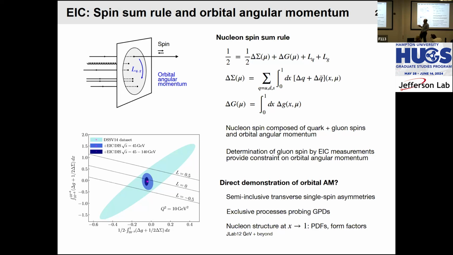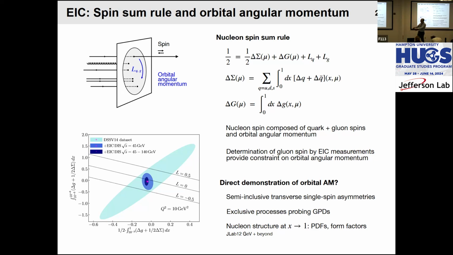One is the polarization of quarks and anti-quarks, which is called delta sigma here. The other is the spin polarization of gluons, which was the subject of the measurement on the previous slide. And other possible contributions come from the orbital angular momenta of quarks and gluons. So this is just one example of what's called a partonic sum rule.